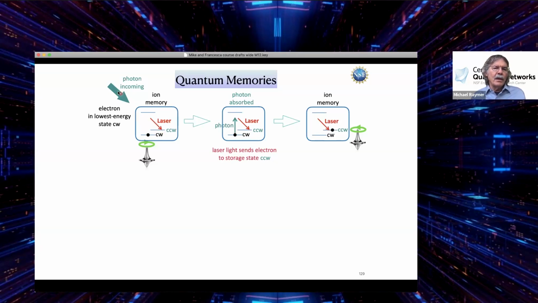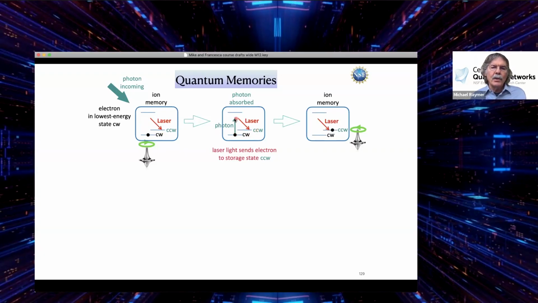Now the incoming photon comes in. When that photon comes into this atom, this is what happens. That photon can be absorbed, which means annihilated or destroyed. And then the laser can stimulate the atom to transfer from the clockwise to the counterclockwise.